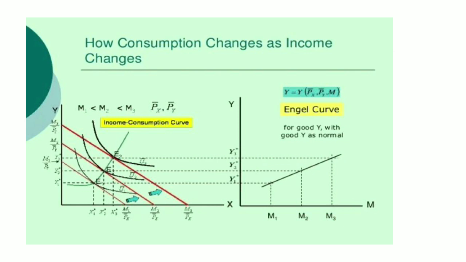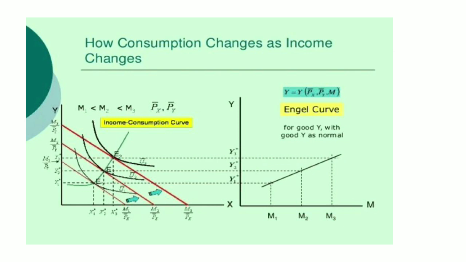The next is how consumption changes as income changes. So when there is a consumption change, there is also an income change. As you can see, the income consumption curve, and the next picture is the Engel curve for good y, with good y as normal.